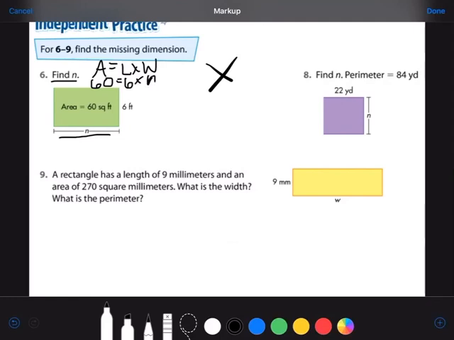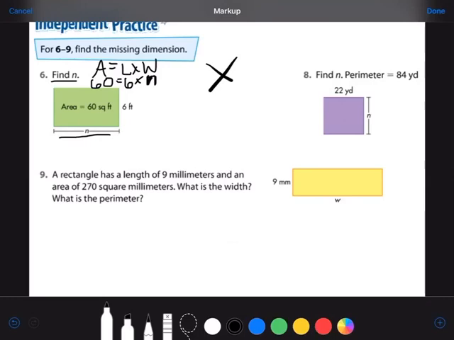Well, we don't know what the width is. We only know that they're calling it n. So 60 equals 6 times n. You might be already thinking in your mind right at this moment, Miss Hubbell, I already know 6 times something is 60, and you probably already know what it is. But if you know, great, put n equals and put the answer.